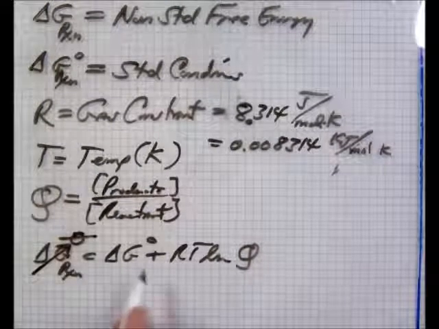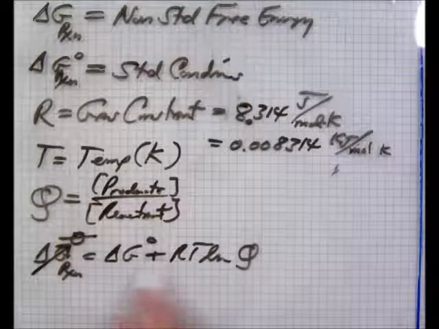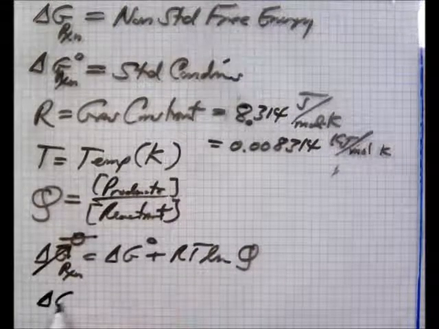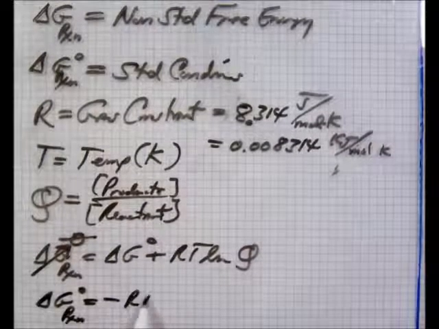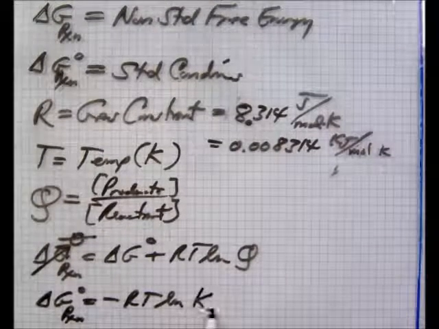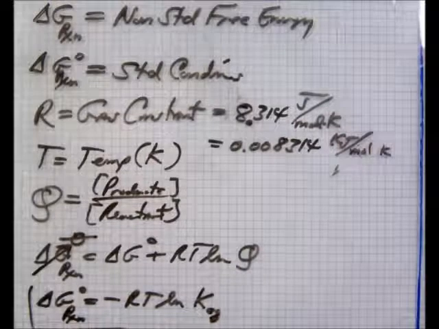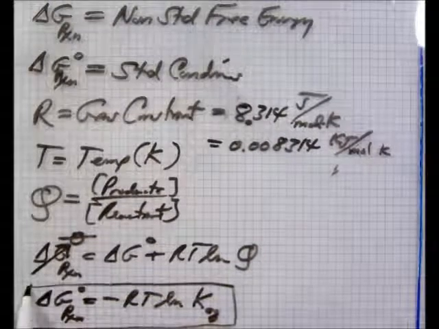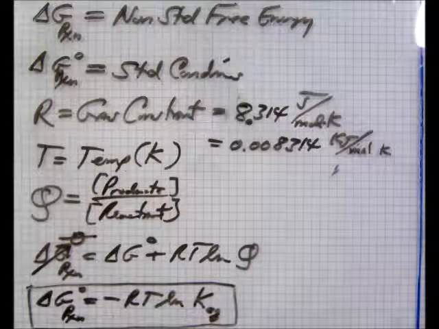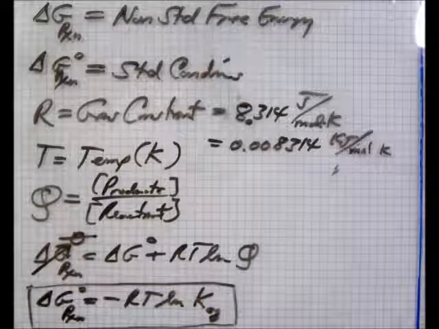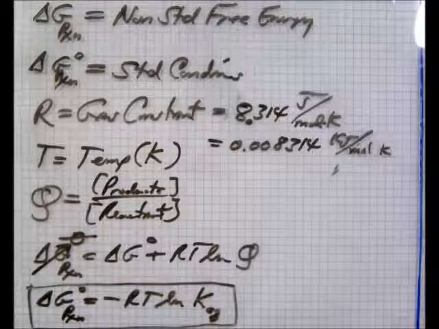That's the point. And so what's left is delta G under standard conditions equal to minus RT ln of K equilibrium. So this equation, using thermodynamic values, allows us to determine the equilibrium constant for any reaction. That's what all the noise is about, as I went through this.